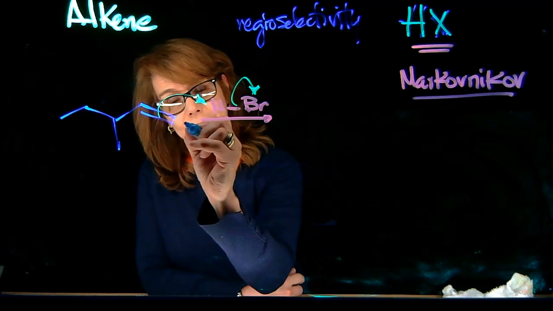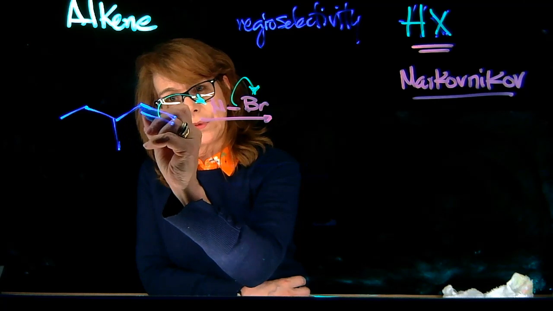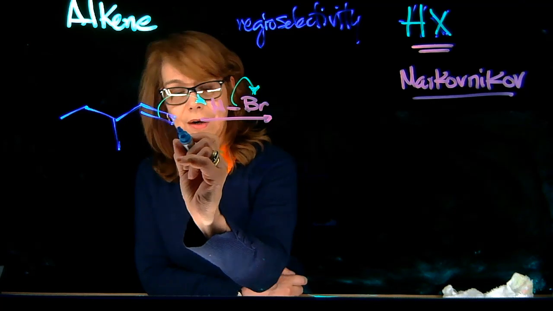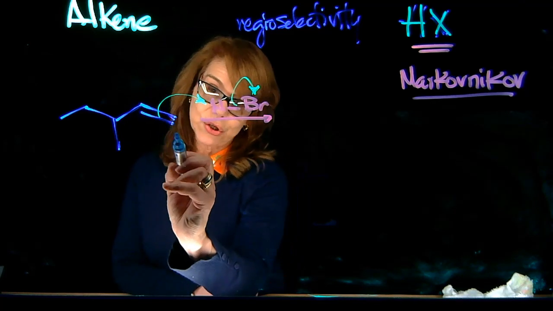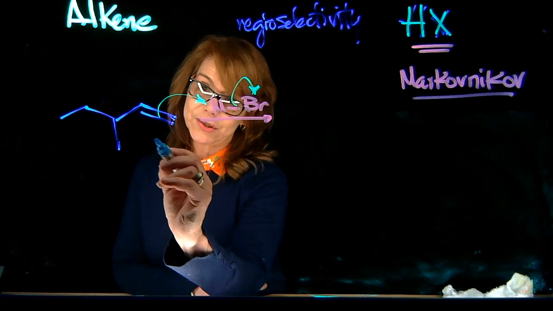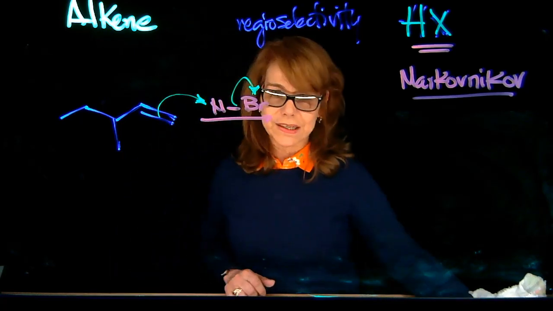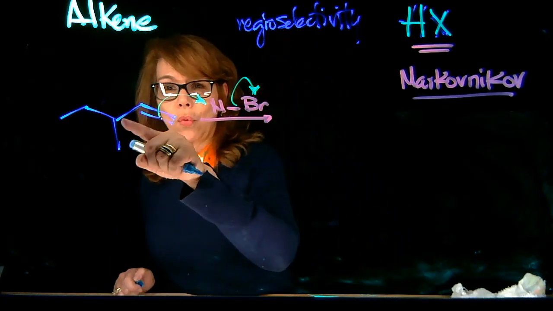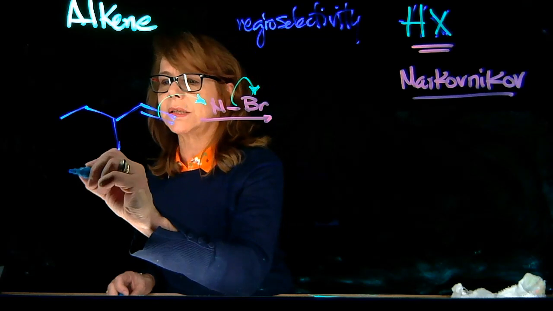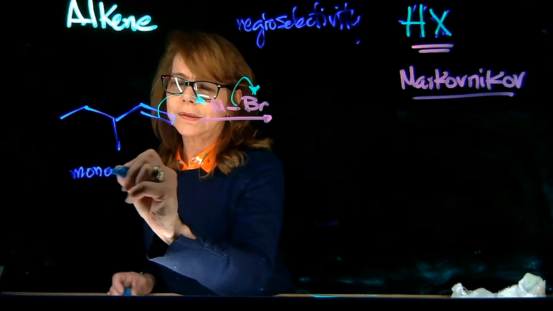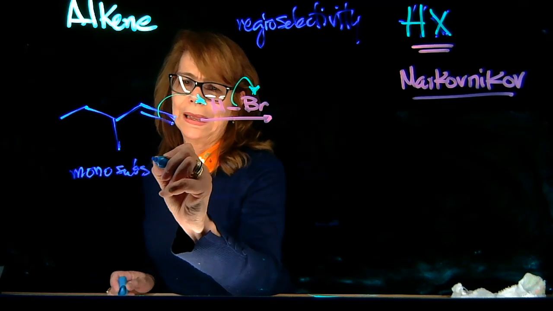The alkene right here is mono-substituted. If we look at the carbon on the side, there's no substituent. This is H and H. And on the other side, we have one substituent and one H. So this is a mono-substituted alkene.